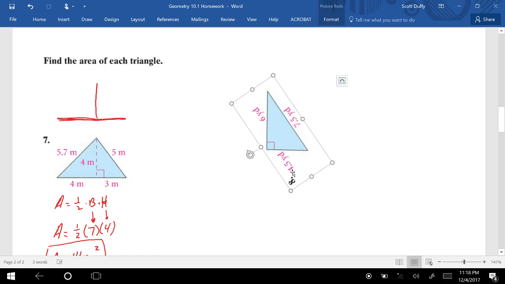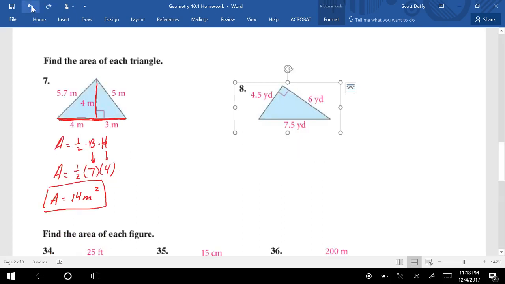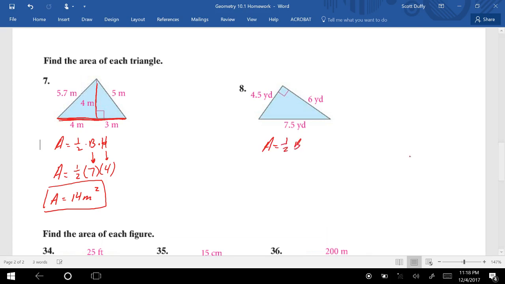So 4.5 is our base, 6 is our height, and we can say area equals 1/2 base times height, 1/2 times base of 4.5 and height of 6. Multiply those out and you get 13.5, and that will be in square yards.